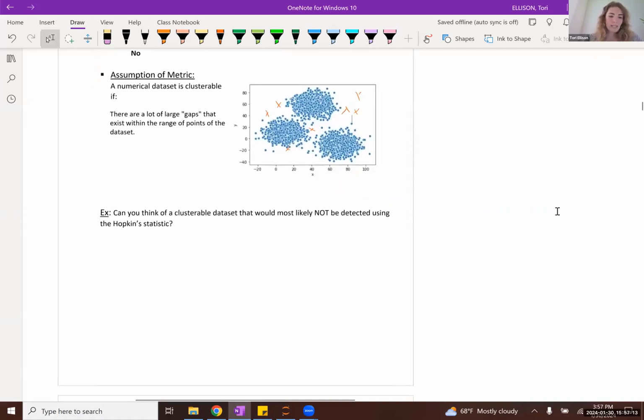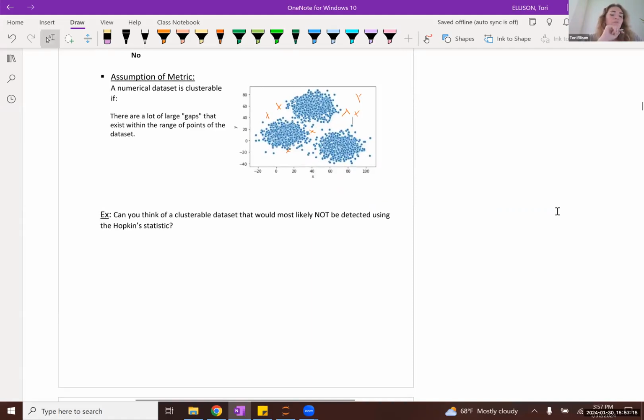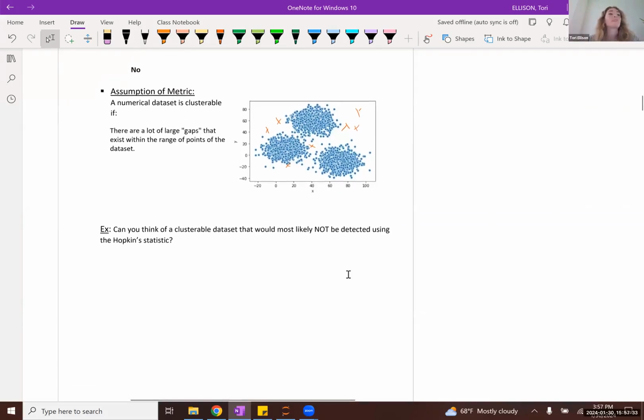So for instance, let's come back to this question, but immediately when I introduce any type of metric and the assumption that that metric is based upon, I want you guys to start trying to troubleshoot this. So try to break this metric. As we're going through how this Hopkins statistic is actually calculated, try to think about ways in which this assumption might break down.